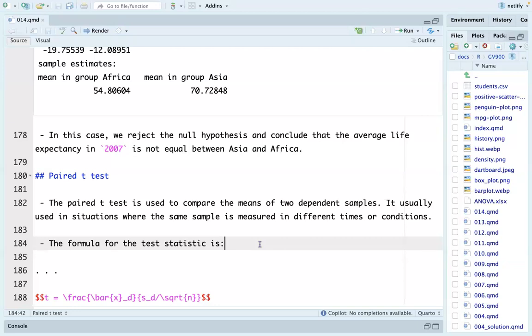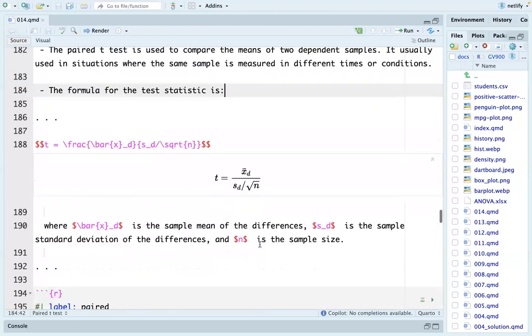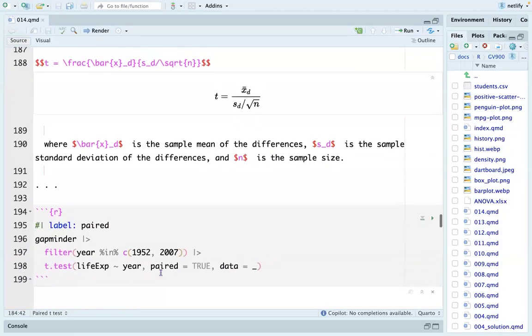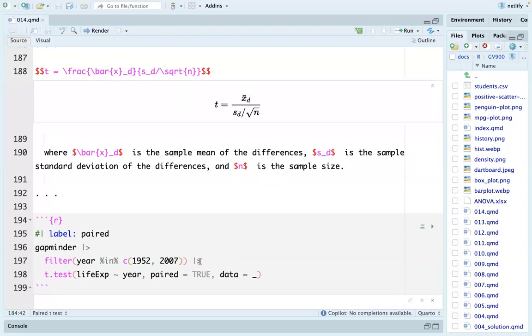For example, we choose all the countries and compare the life expectancy in 1952 and 2007.